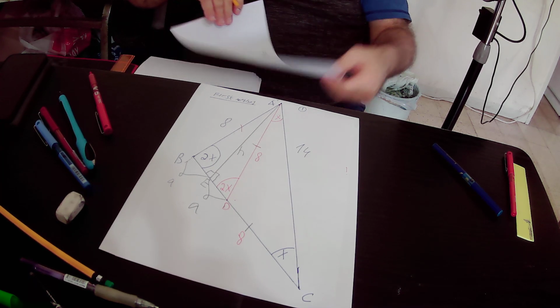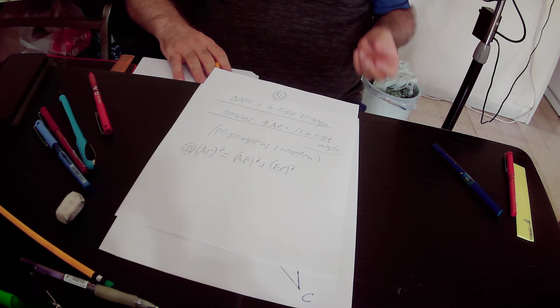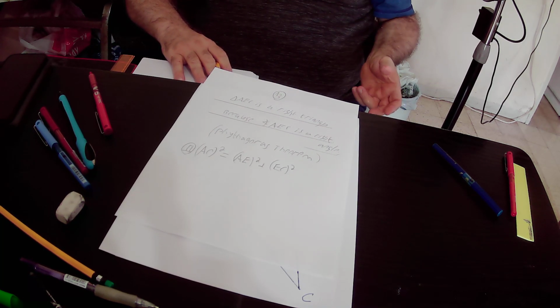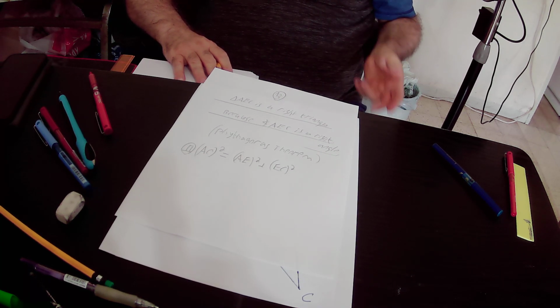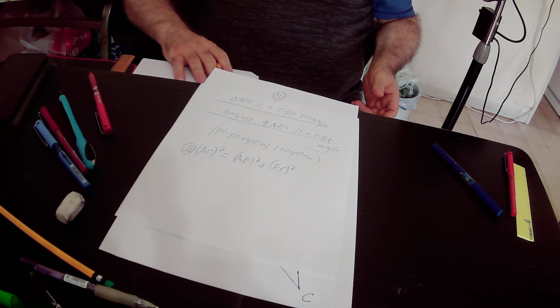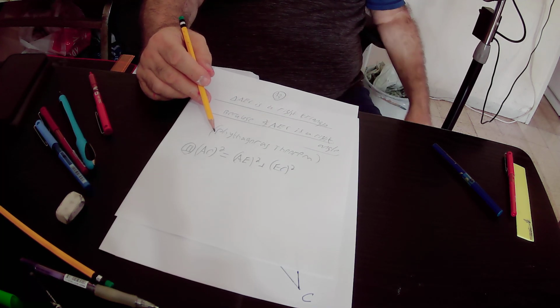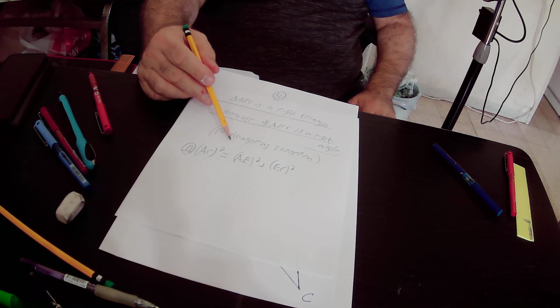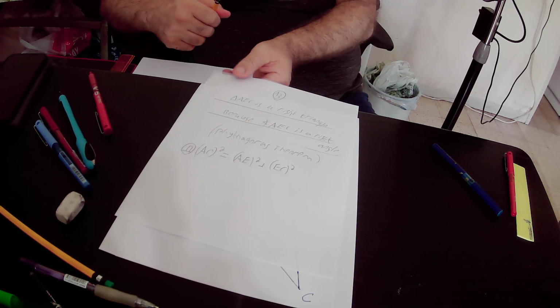Again, in equation number 2, we implemented the Pythagoras theorem in triangle AEC. Triangle AEC is a right triangle, so according to the Pythagorean theorem, the square of the hypotenuse, that is AC square, equals the sum of the squares of the perpendiculars equals AE square plus EC square.